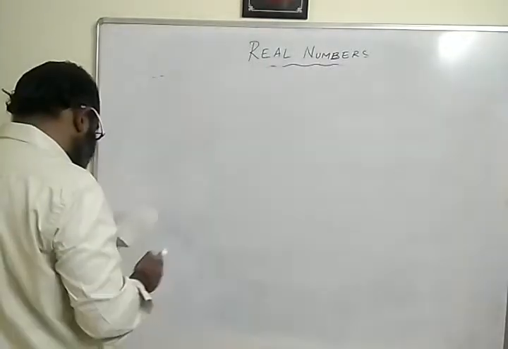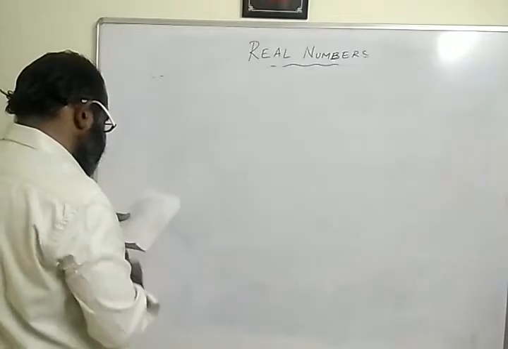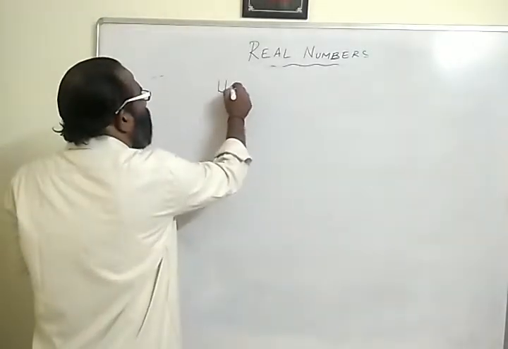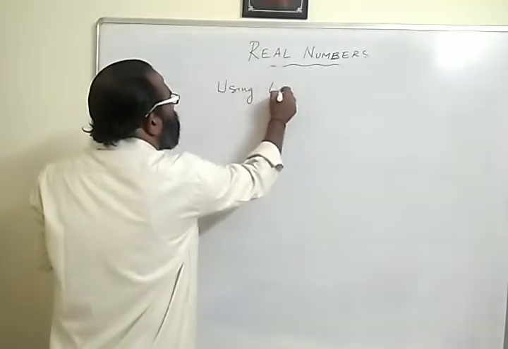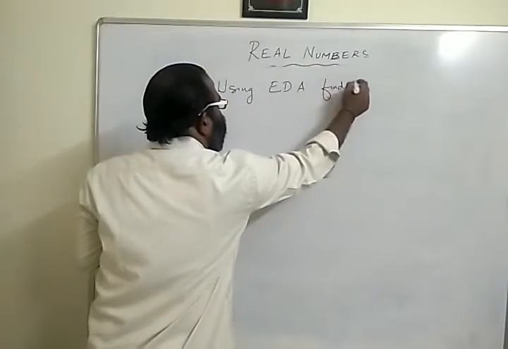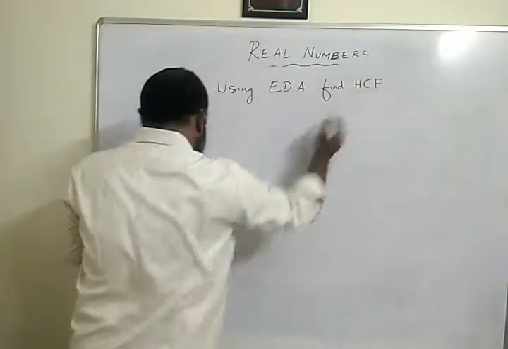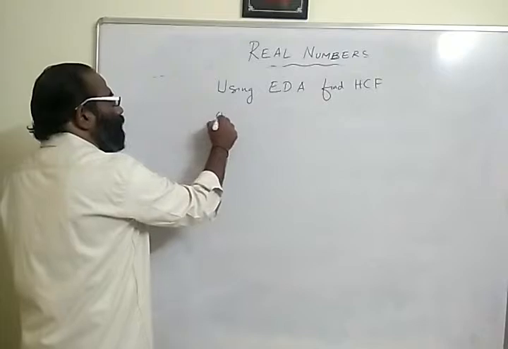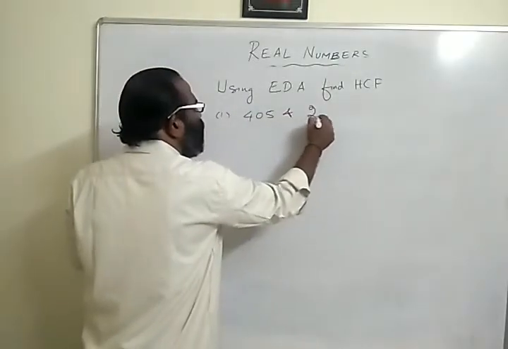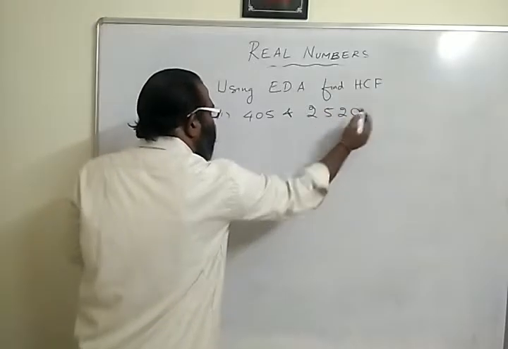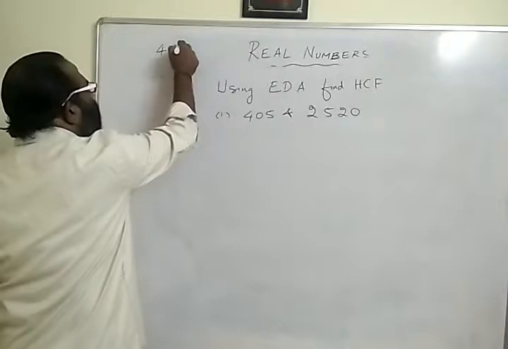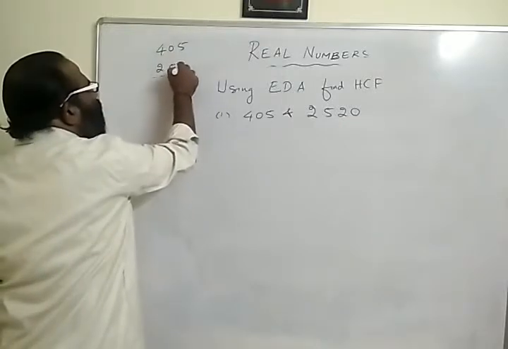So let's do this. Using Euclid's division algorithm, find the HCF of 405 and 2520.